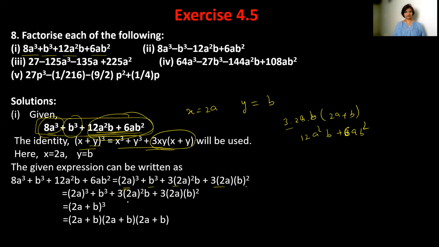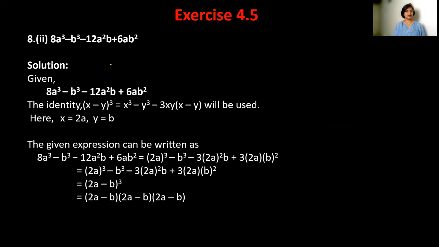After solving, we get (2a plus b) whole cube, and as I said earlier, if we have power 3, we can write it three times with a multiplication sign, right?